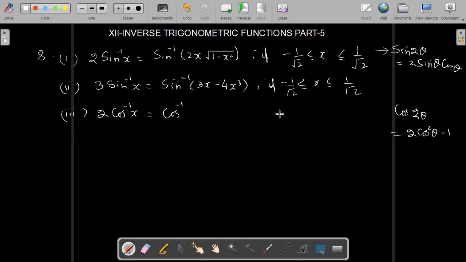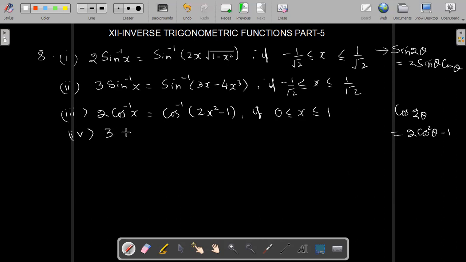So 2x square minus 1 will come here. So cos inverse of 2x square minus 1, and here the condition is x should be greater than or equal to 0 and less than or equal to 1. So in our CBSE we can put the direct formula. The condition will be given the same.